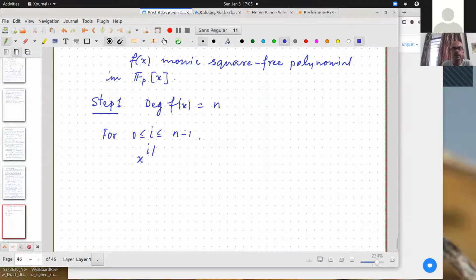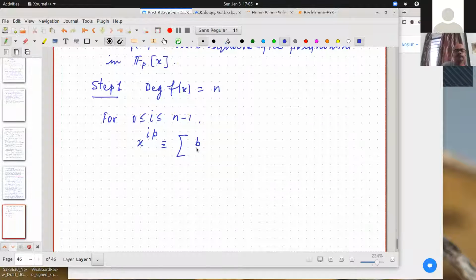We reduce x to the ip modulo f(x), the polynomial we started with, and write that as the sum of b_ij x to the j, j running from 0 to n minus 1, mod f(x).